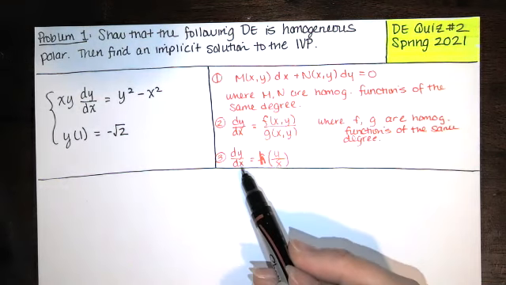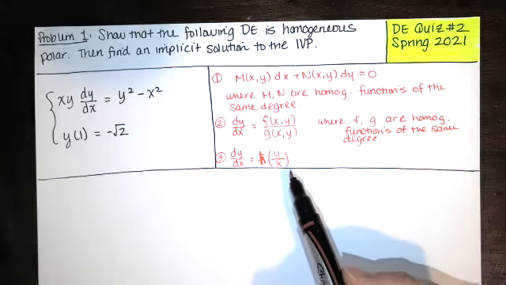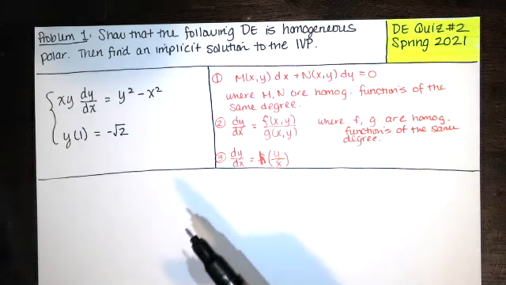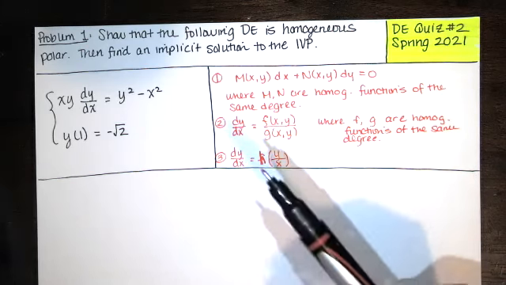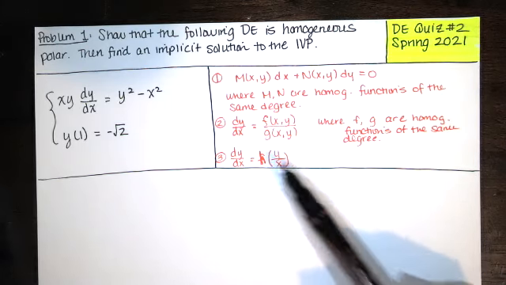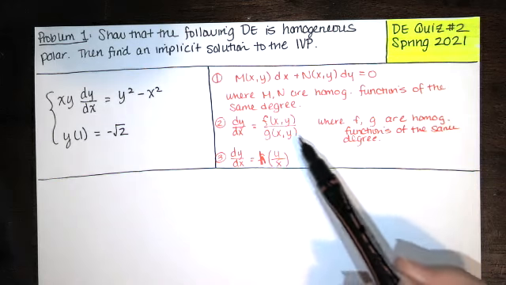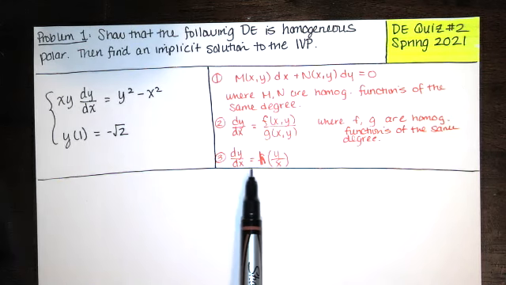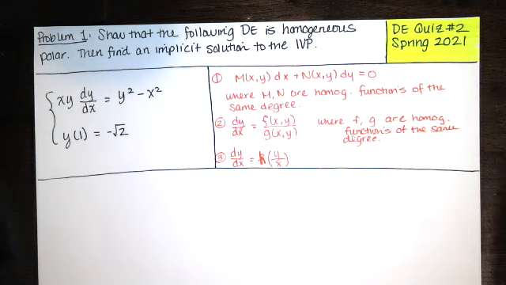If you can write the derivative as a function of y over x only, so you don't have any y's floating around or x's floating around, every time you see a y or an x, it's grouped like this, as if you're operating on this quotient as opposed to operating on the variables x or y, then the differential equation is homogeneous polar. So any one of those 3 would be fine.